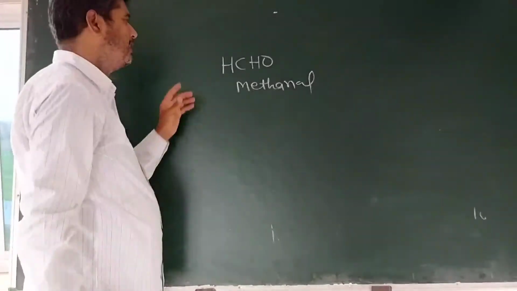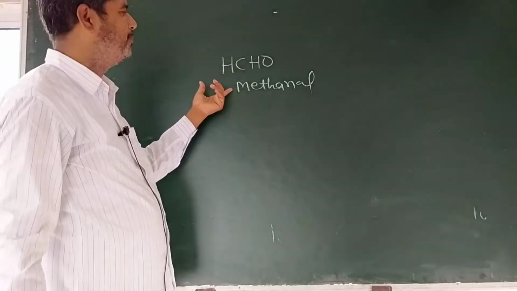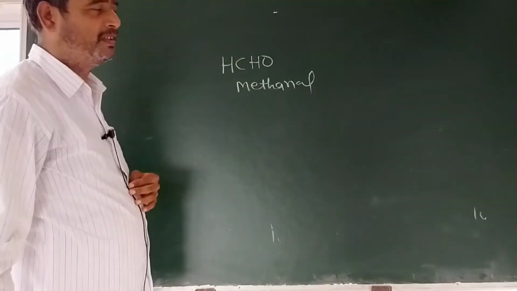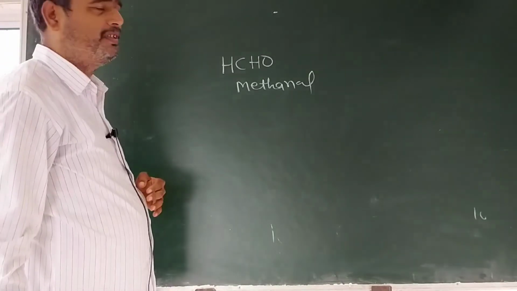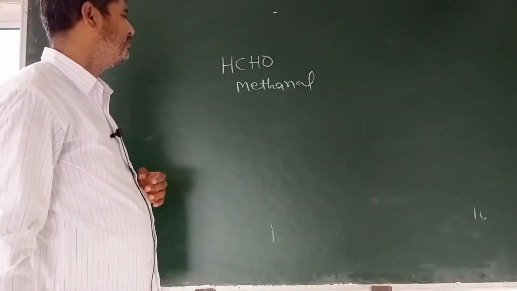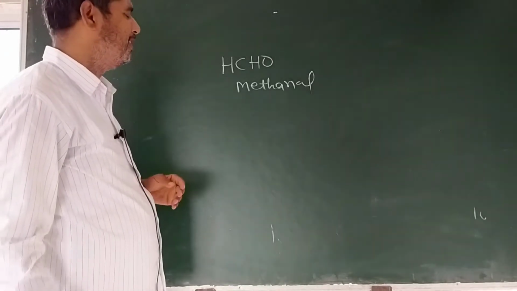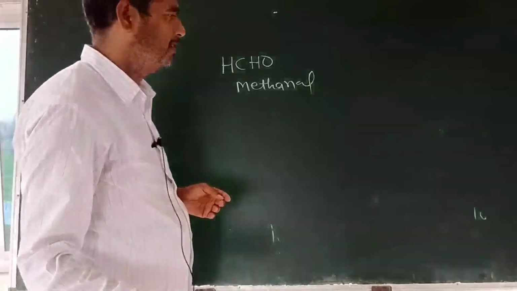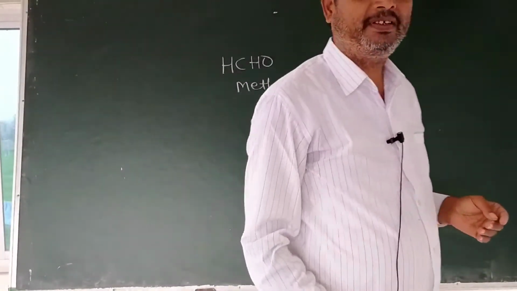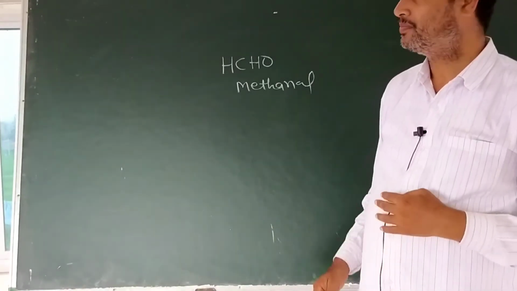The 40% aqueous solution of formaldehyde is known as formalin, which is used to control the bad smell of dead bodies as well as for the preservation of specimens in the biology lab.